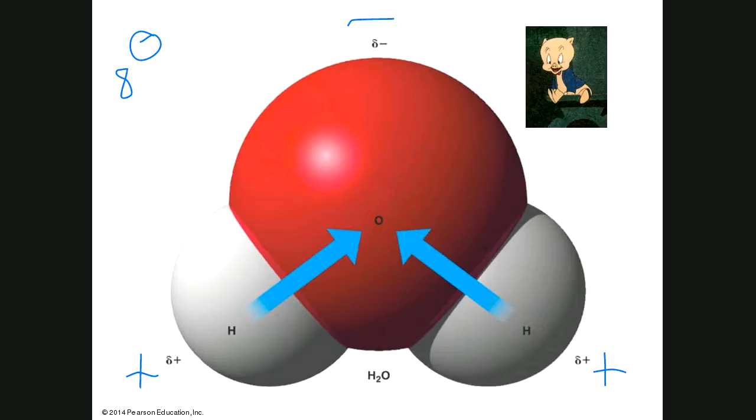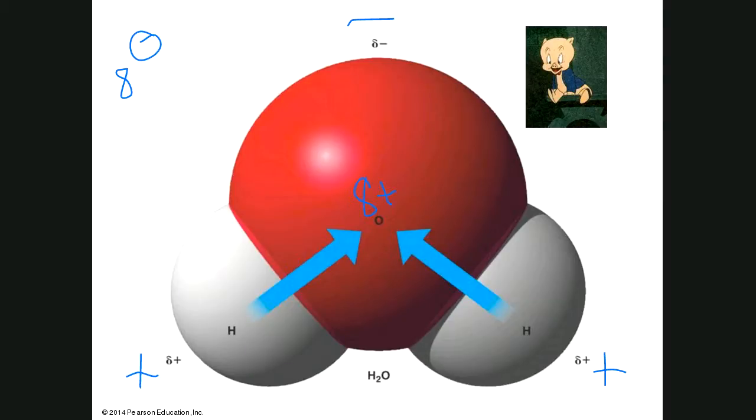Now, the reason we get this disparity of charge, this positive and negative, we can actually do the arithmetic behind. Oxygen has atomic number 8, 2 electrons in the first shell, 6 in the outer shell. That's how oxygen is sitting by itself.